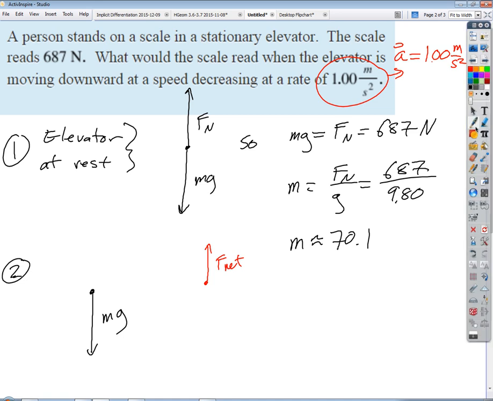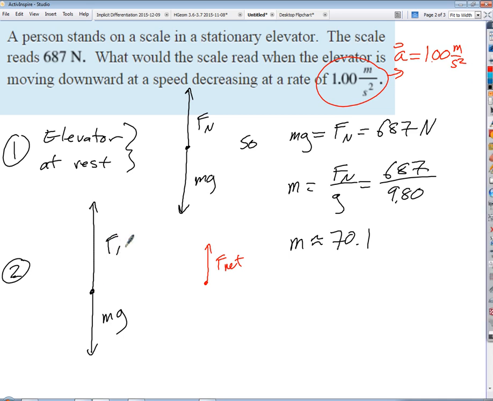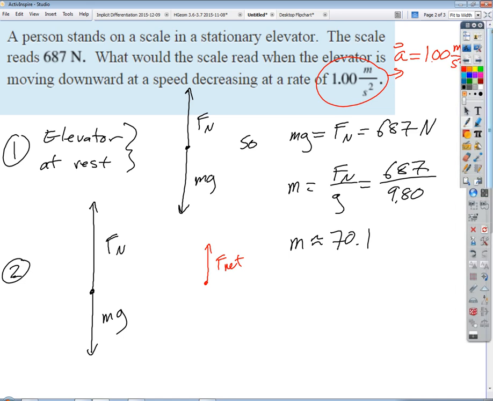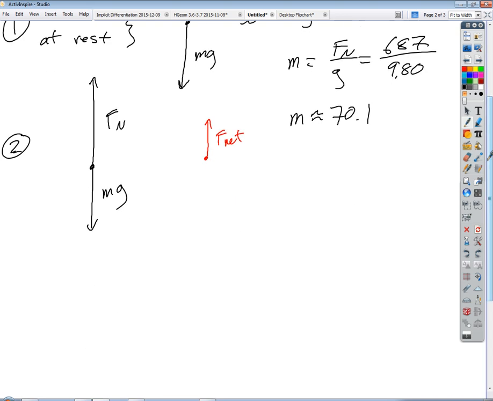Okay, so this is our situation, right? And so what is that telling us? What's that equation telling us? Well, this time we can't say that this is equal to this. That's not true, is it? So now we really do have to write this out as an equation. We're essentially just going to write out Newton's second law, right? So we've got our net force is equal to what?